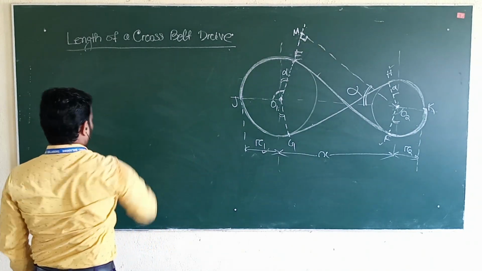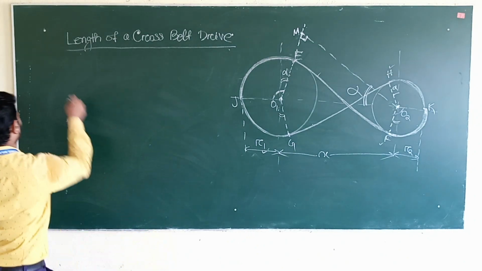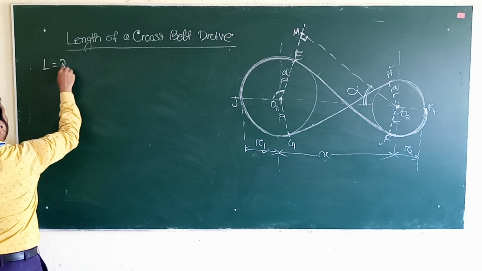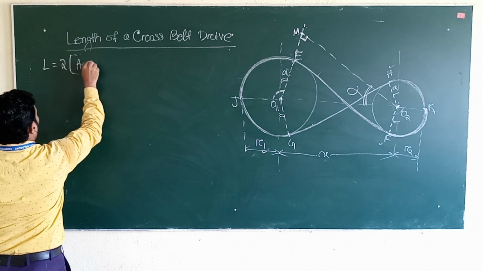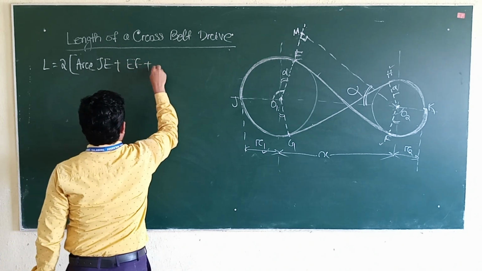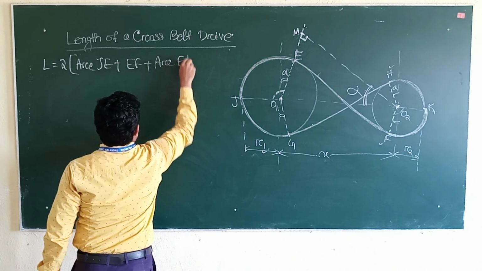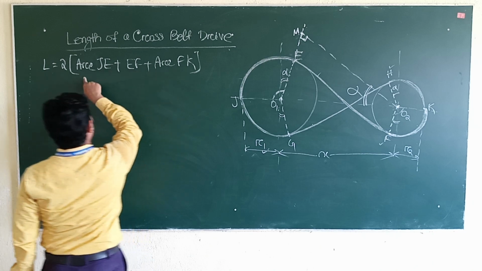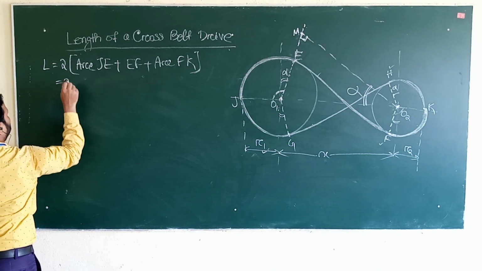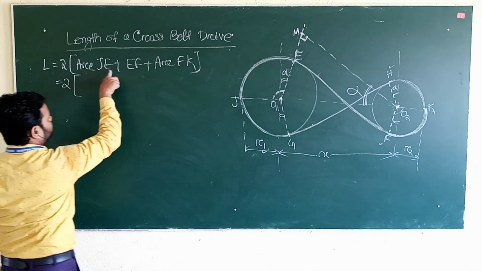Here I will write equation 1 again. L equals 2 times the bracket of RJE plus EF plus RFK. We have already calculated these three values, and now we put them in here. What is the value of RJE?